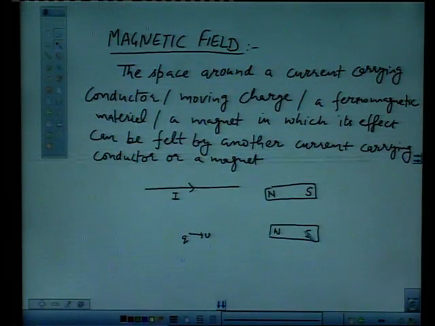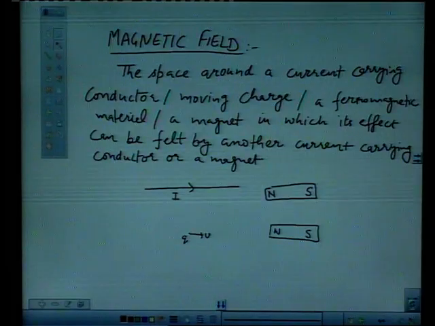So there is some space around this magnet or a current carrying conductor in which its effect can be felt by another magnet or a current carrying conductor or a moving charge, and this is called magnetic field.